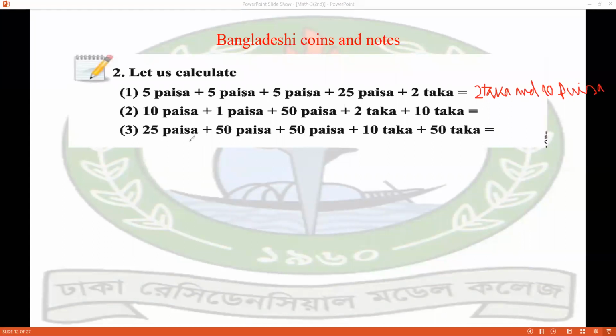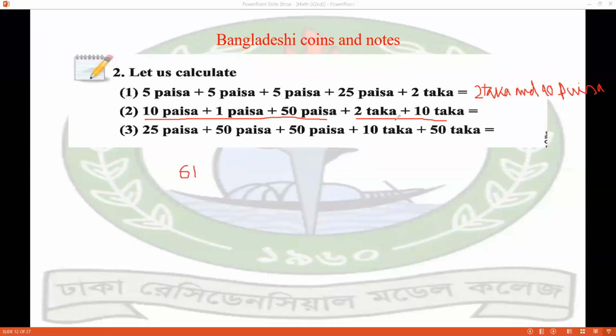In the second one, 10 paisa, 1 paisa, 15 paisa, 2 taka, and 10 taka. You have to at first add the paisa together and then add taka. So there are 1 paisa, 15 paisa, 16 paisa, and 1 paisa. That means 61 paisa.